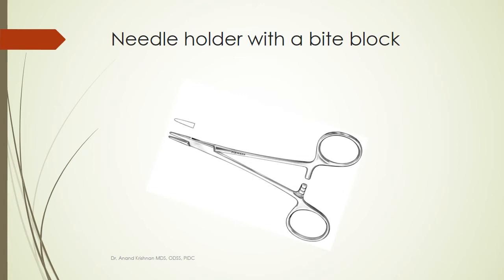When the patient is completely edentulous, we do not use a bite at all because the patient will not be able to bite properly. So we generally position the film inside the patient's mouth and ask the patient to hold it, or we can use a modified needle holder device like this which has a bite over it, on which the patient can bite after you place it.